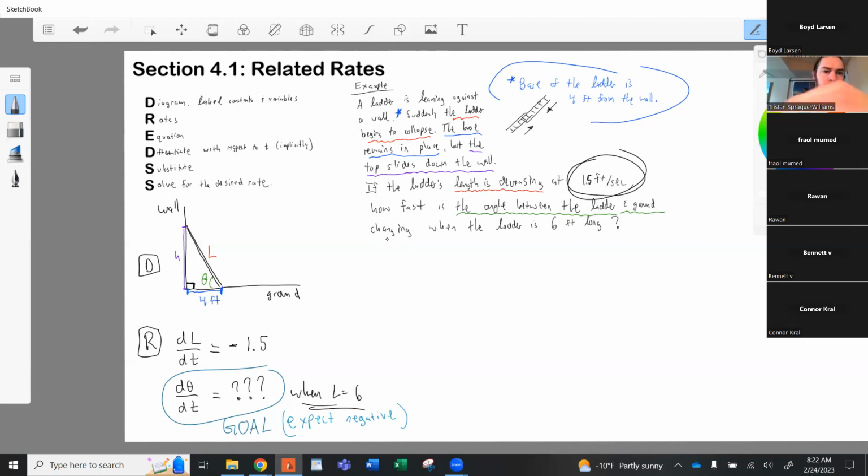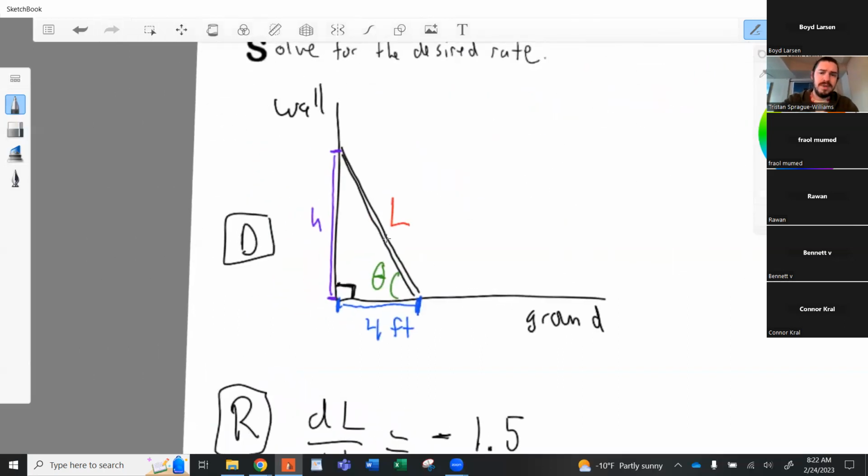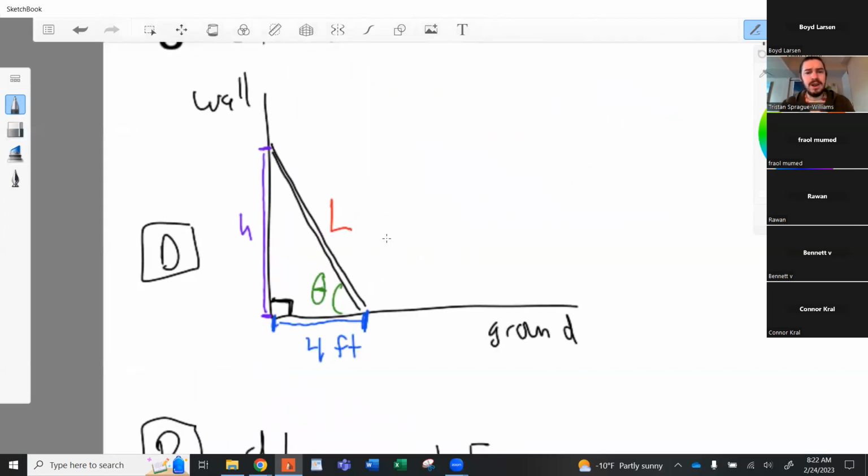Okay. So let's move on to our next step, which is to identify the equation we're going to use for this problem. In some related rates problems, you're handed the formula directly. But in a lot of them, like this one, we have to figure out what we're going to do. Let's zoom in on our diagram here.